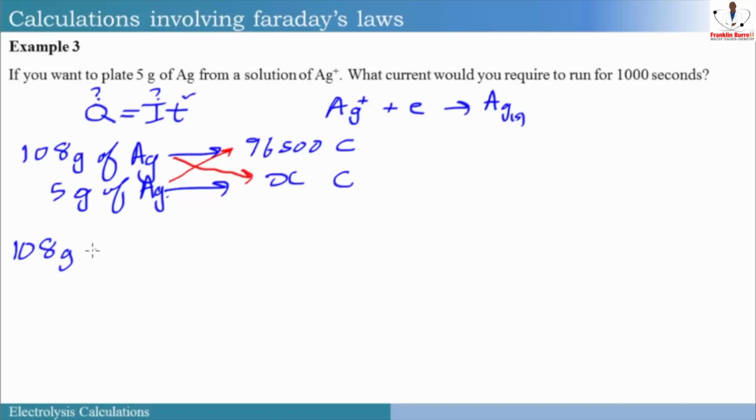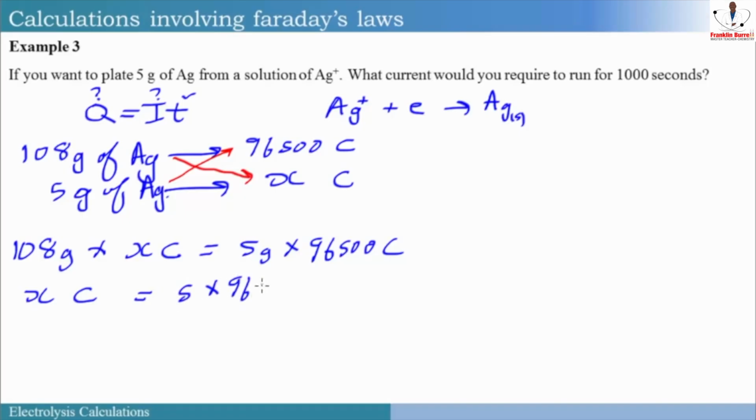108 grams times X coulomb is equal to 5 grams times 96500 coulombs. So X in coulombs is equal to 5 times 96500 coulombs divided by 108 grams.